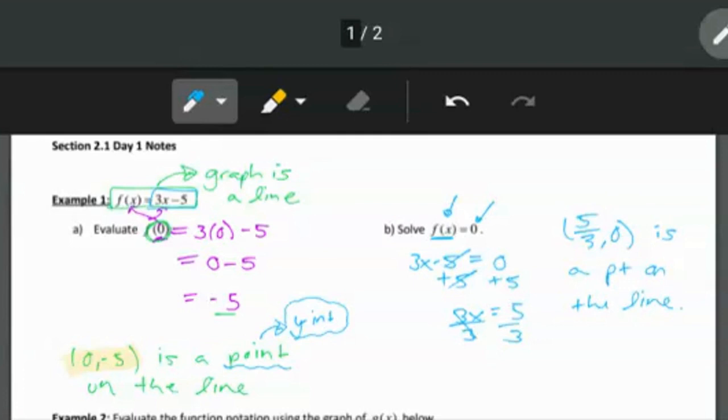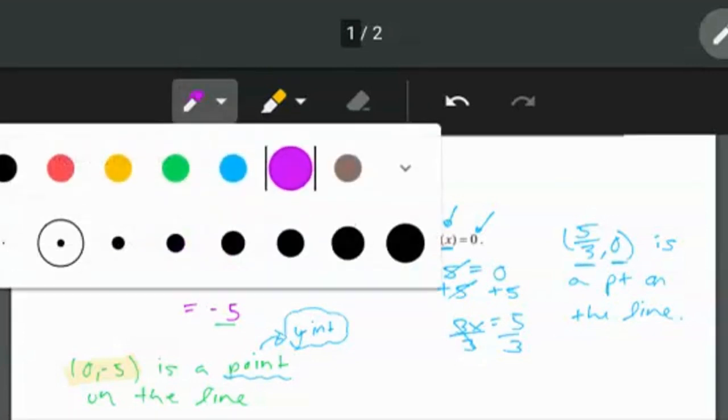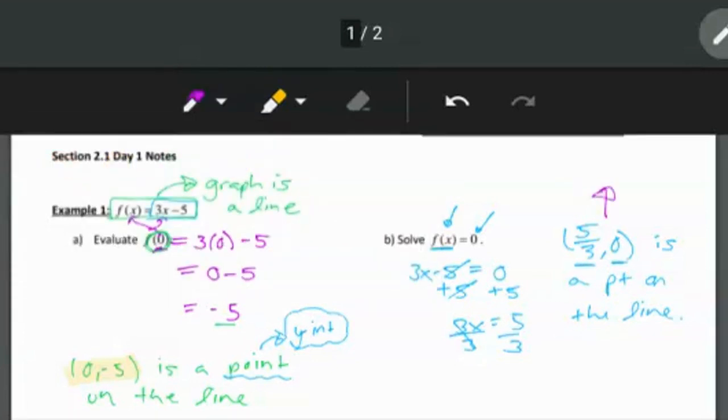All right, think about 5/3, 0. That's actually an x-intercept. Anytime you have the x value and the y is 0, you'd go right 5/3. You wouldn't go up or down at all. That's going to be an x-intercept. So it's good to kind of just put it all together, that it's not just any point, it's a special point. It's your x-intercept.